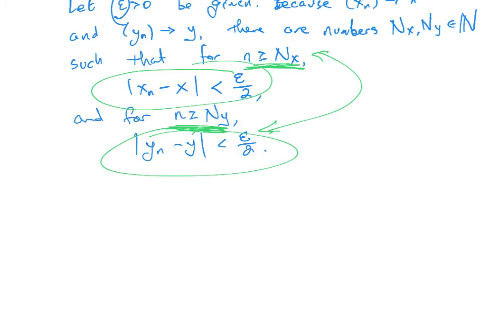Now, we want to produce a capital N. What should our capital N be? Max of nx and ny. Yes, we will take the max of them. Let me make an editorial comment while I write max here. Your book uses supremum for everything.